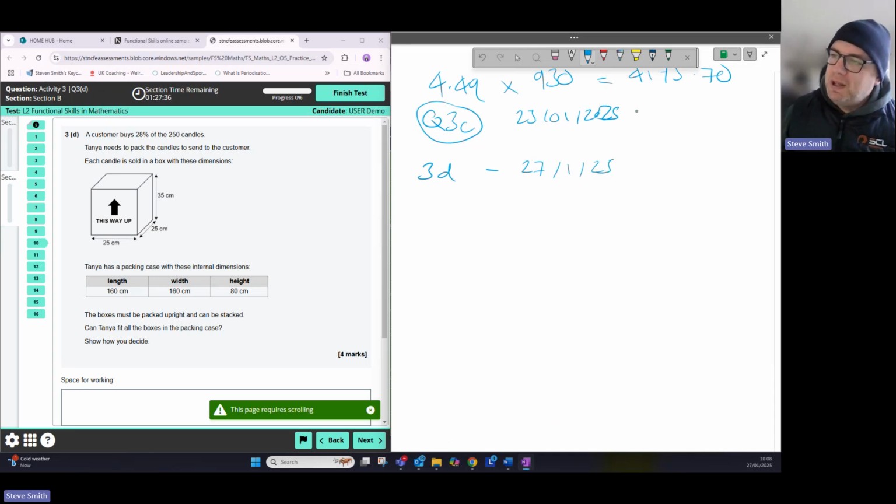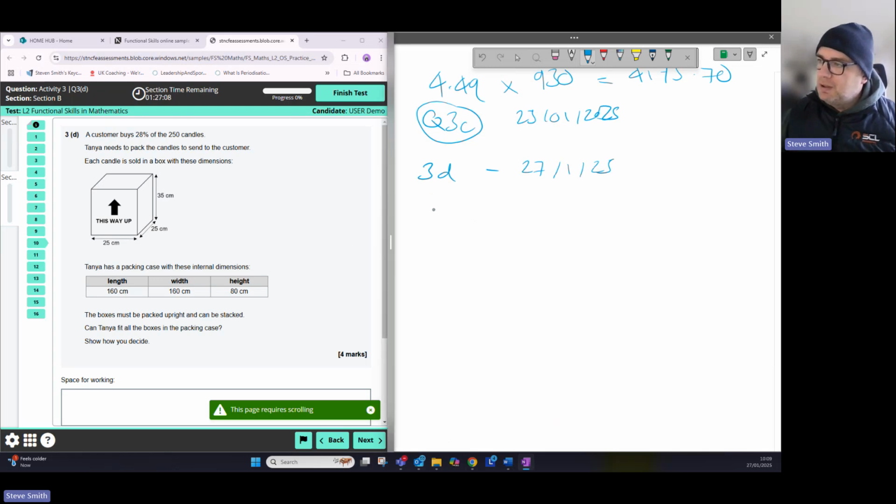A customer buys 28% of 250 candles. Tanya needs to pack the candles to send to the customer. Each candle is sold in a box with these dimensions. That's the little packing box for a candle. Tanya has a packing case with the internal dimensions of 160 by 160 by 80 upwards. The candles must be packed upright and can be stacked. Can Tanya fit all the boxes in the packing case?